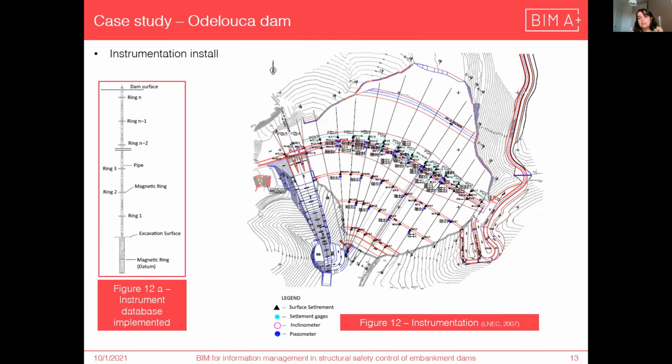So this is the location of all the instrumentation of the dam. And remember, you just use this kind of instrumentation that gives us the displacement along the depth of the dam. This instrumentation is located here at the top of the dam.